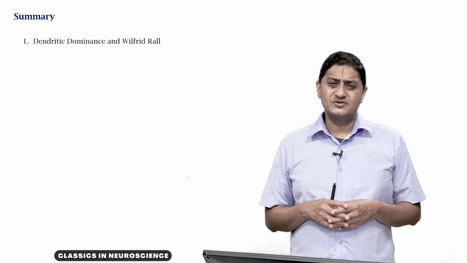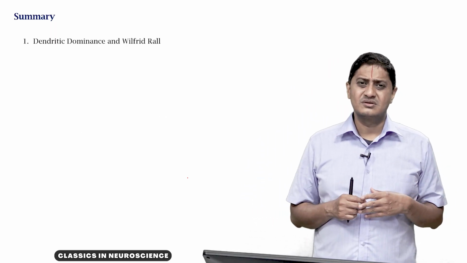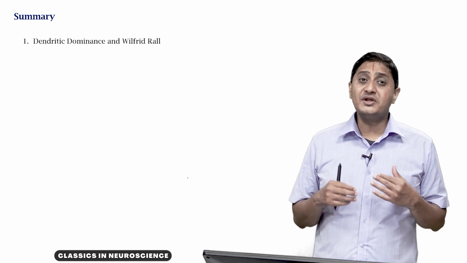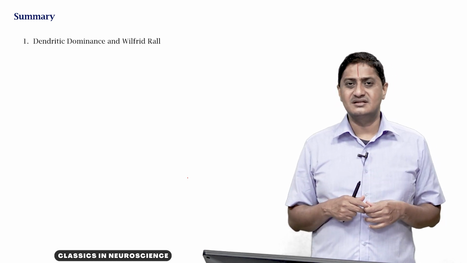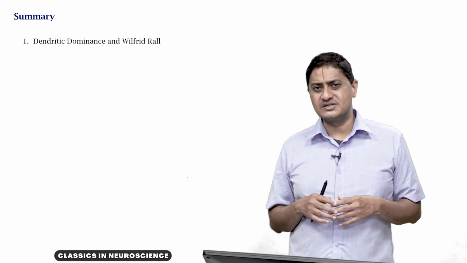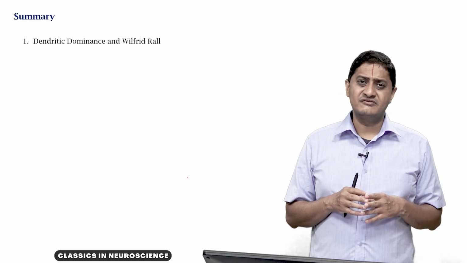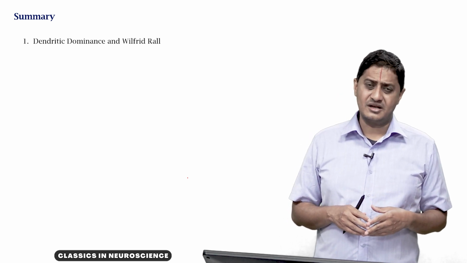But it would be fair to say that with this work, the birth of computational neuroscience as a small subfield of neuroscience happened with the advent of this work by Wilfrid Rall.